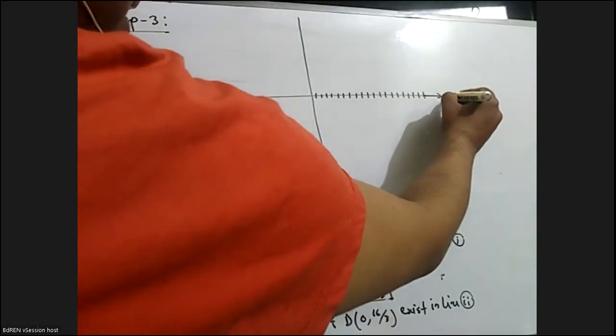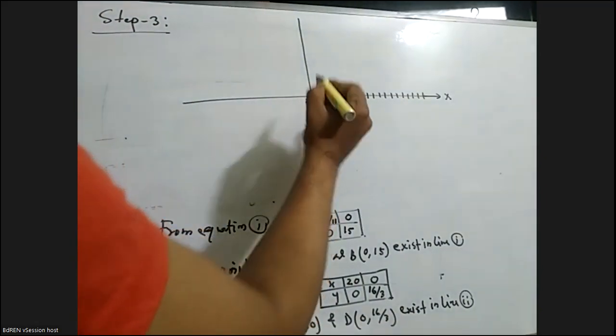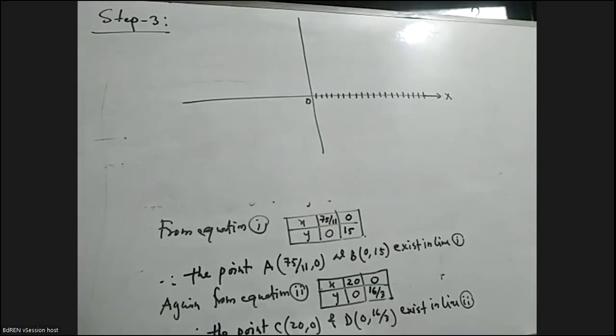Okay, this is the x-axis. Now this is the (0, 0) or origin.